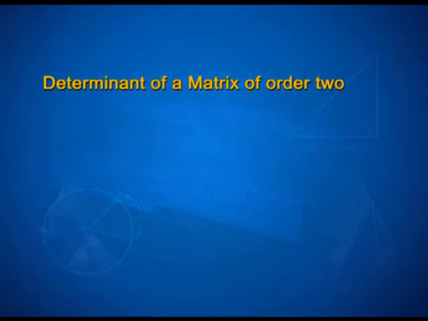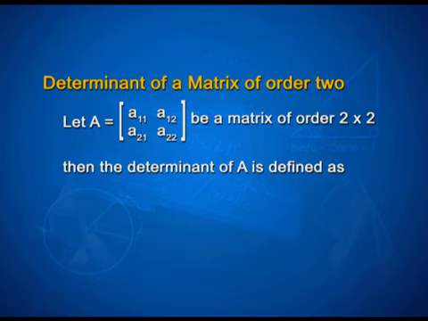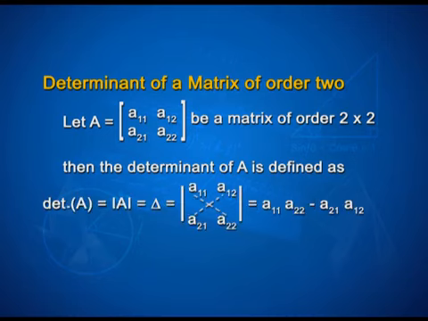Determinant of a matrix of order 2: let A with rows a11, a12 and a21, a22 be a matrix of order 2 by 2, then the determinant of A, delta, is defined as a11 into a22 minus a21 into a12.